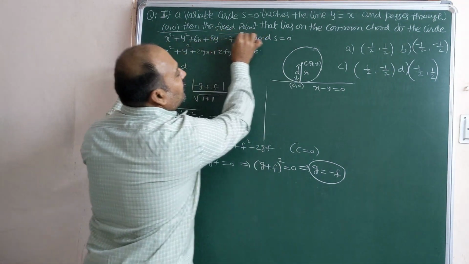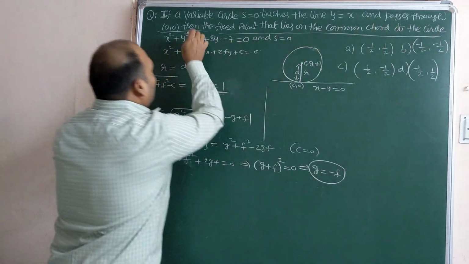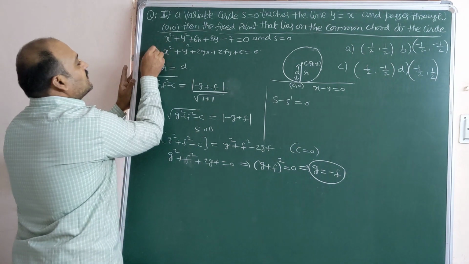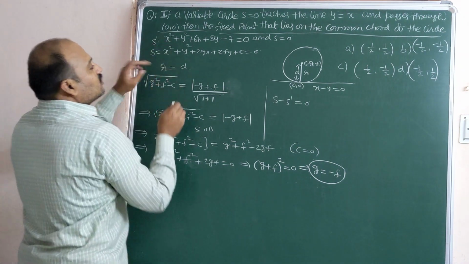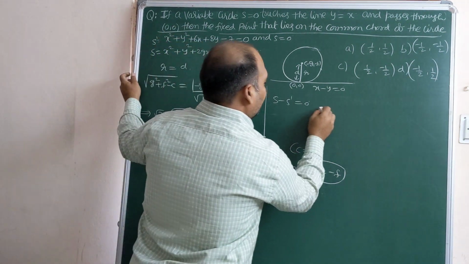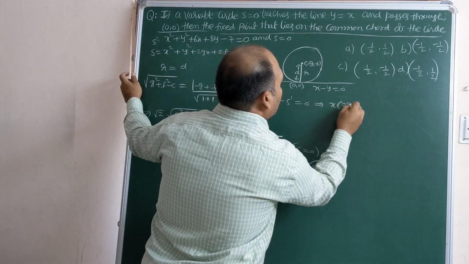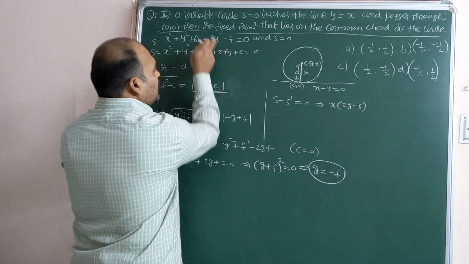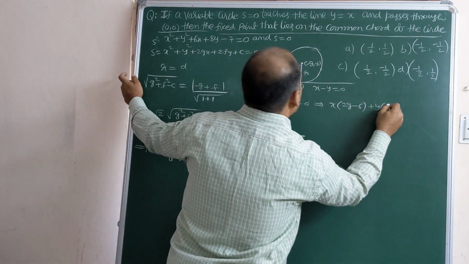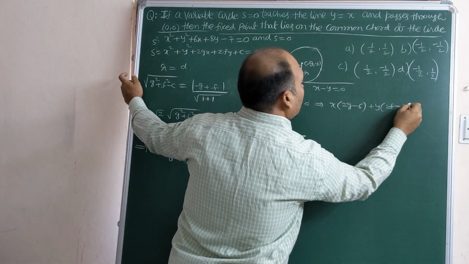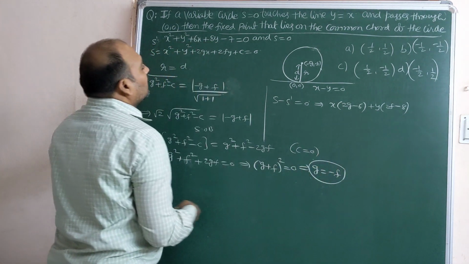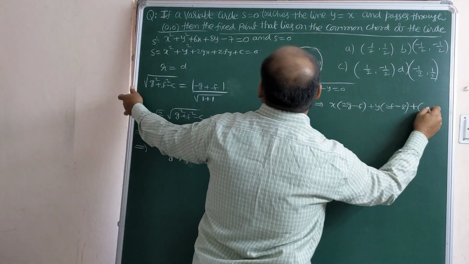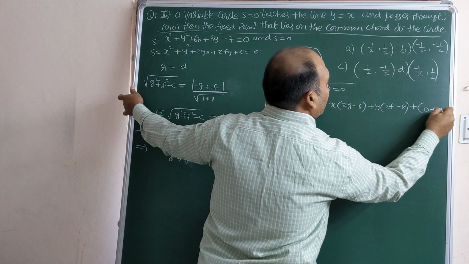And the fixed point that lies on the common chord of the circle. Common chord of these two means S minus S dash equal to 0. This is S, this is S dash. So x into 2g minus 6, next y into 2f minus 8, plus the c value 0 minus of minus 7.